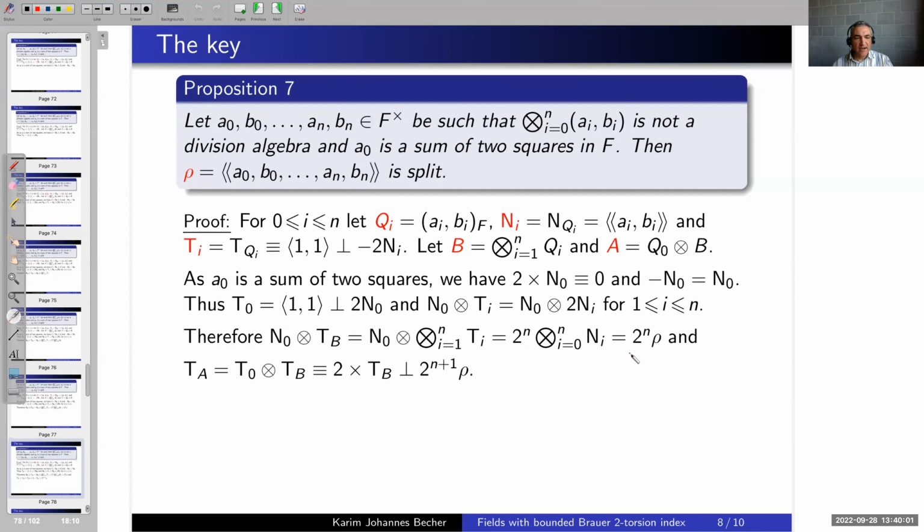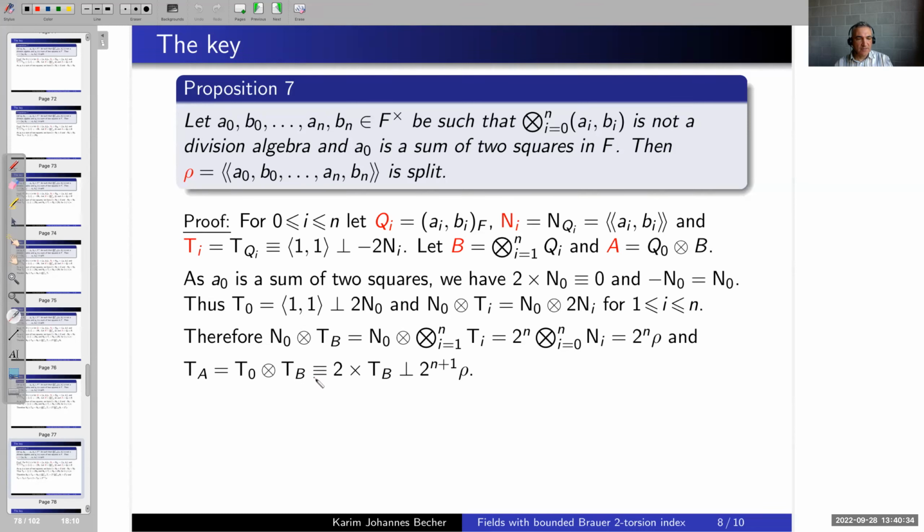So good. Now I look at the trace form of A. Here I was calculating something, the norm form of Q0 with the trace form of B, but let's look at the trace form of A, which is actually the trace form of Q0 times the trace form of B, because A was built up like this as a tensor product. Now, the trace form T0 is 1 plus 2 N0.